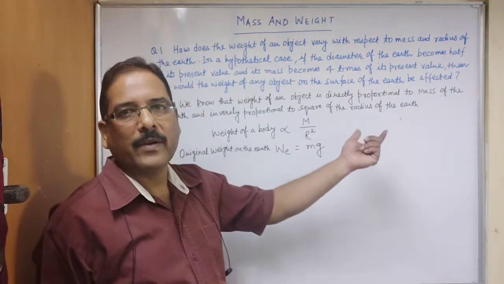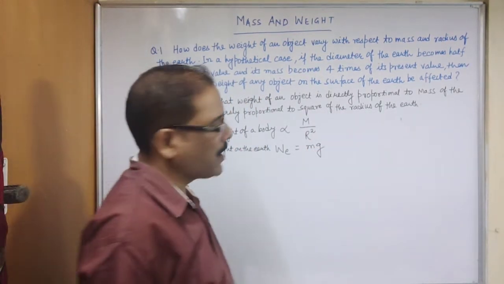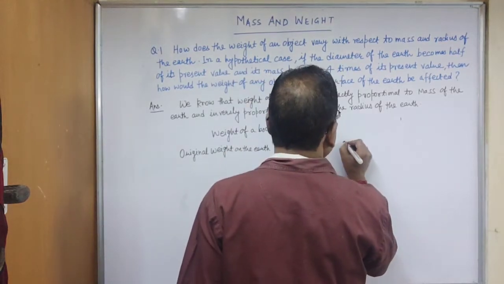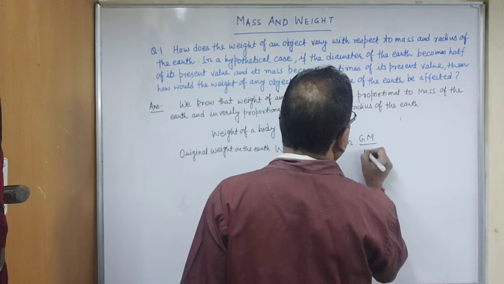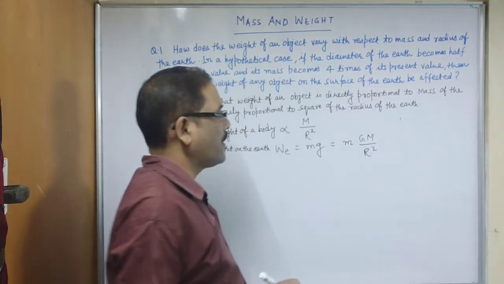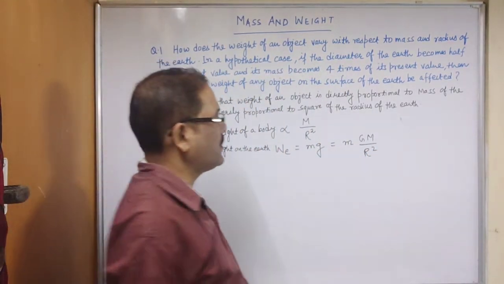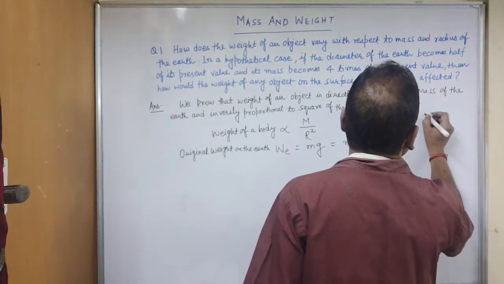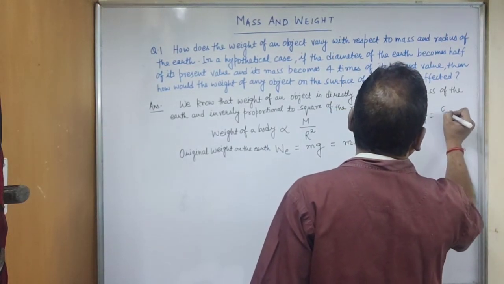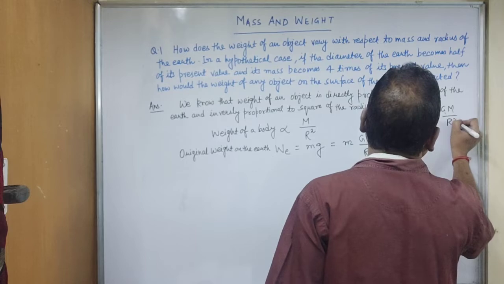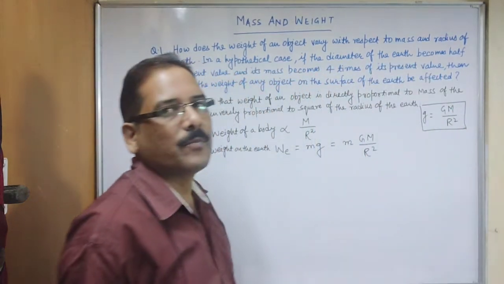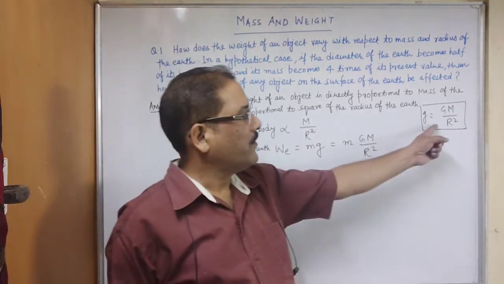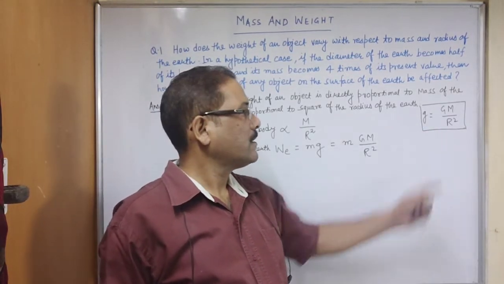Now we have written weight is equal to mg, and this can be written as mGM by R square, because earlier we have derived this relation that g is equal to GM by R square, when we were deriving a relation between small g and capital G.